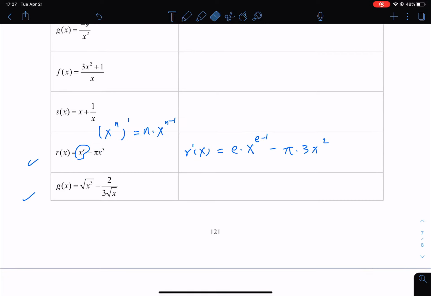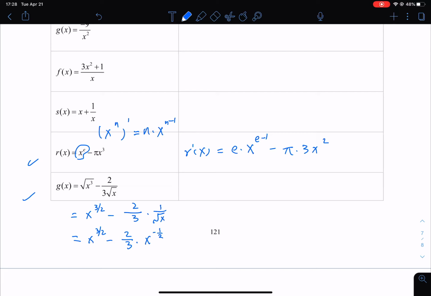And the last one, g of x. First, let's rewrite this equation. This term is just x to the 3/2 power, then minus 2/3 multiplied by 1 over square root of x. This term is 1 over x to the 1/2 power, so it is just x to the minus 1/2 power.